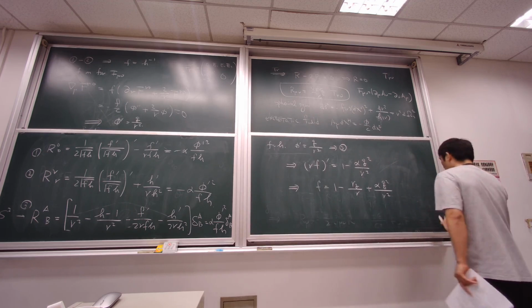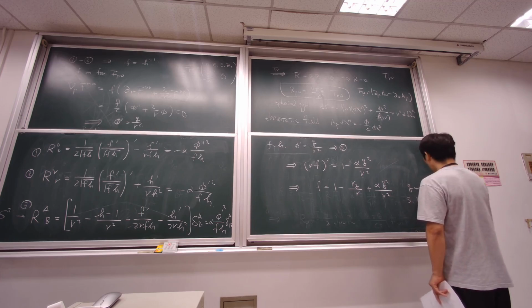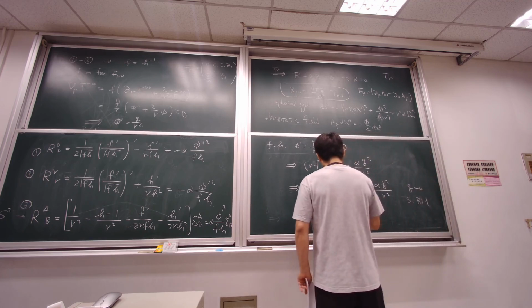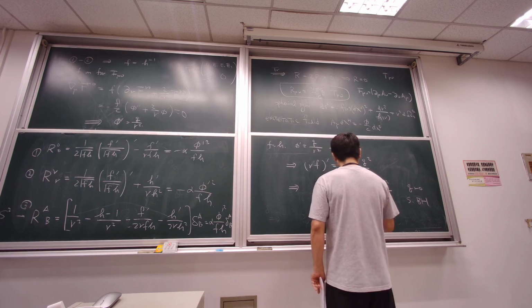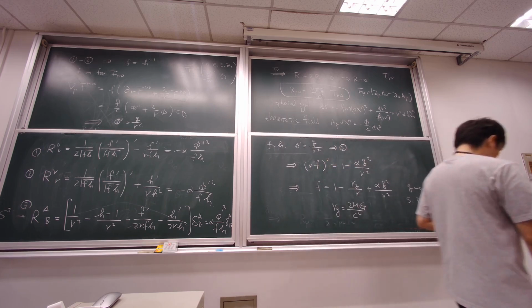And then again, when q equals 0, we recover the Schwarzschild black hole solution. So r_g is equal to 2mG divided by c squared.